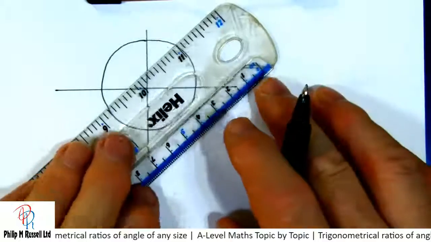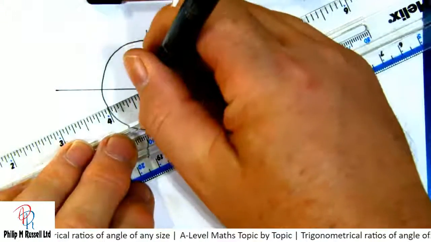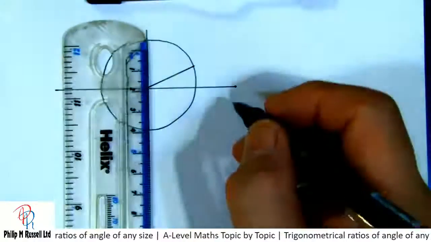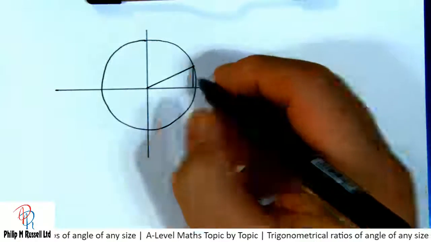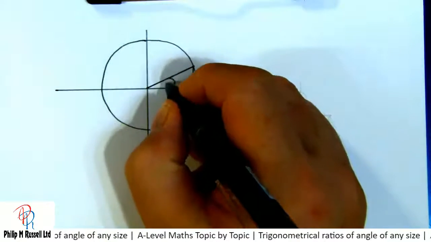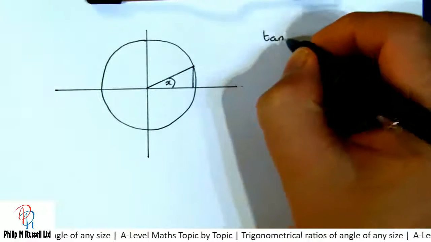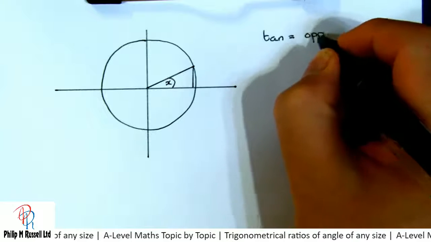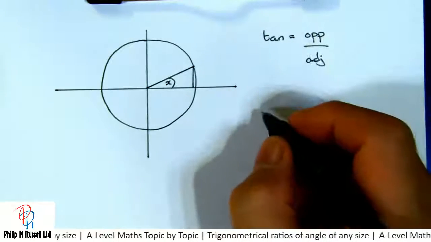If we look at the tangent of a particular angle, so this is going to be angle x, we know that the tangent is going to equal the opposite over the adjacent.